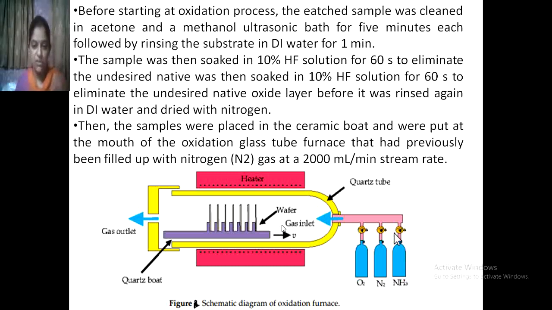So this is the schematic diagram of the oxidation process. Here you see O2, N2, NH3, so the gas inlet is there. This is the coarse tube, and this is the coarse broth where vapor is there, and the gas outlet is here.